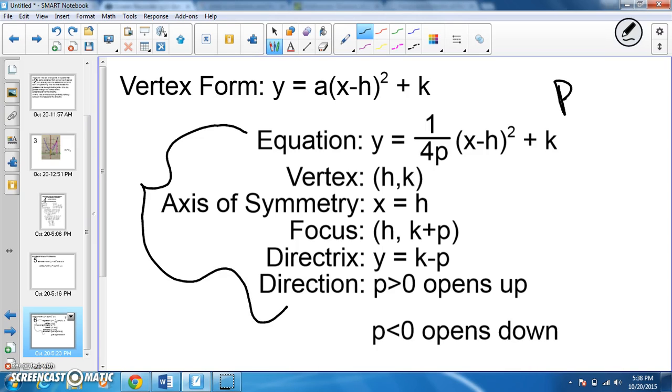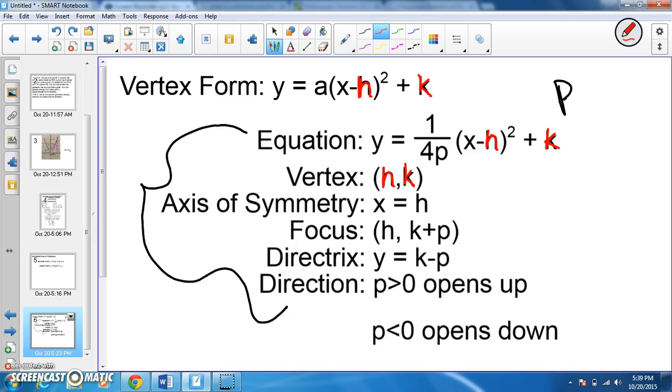So the equation of our parabola would be y is equal to 1/(4p) times (x minus h) squared plus k. The vertex we get is from h and k.